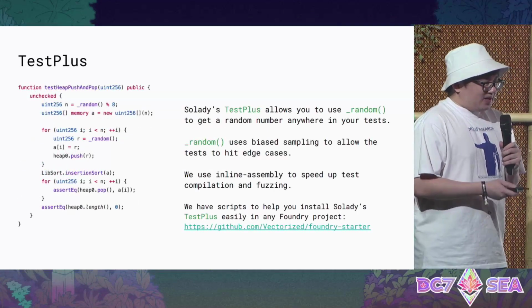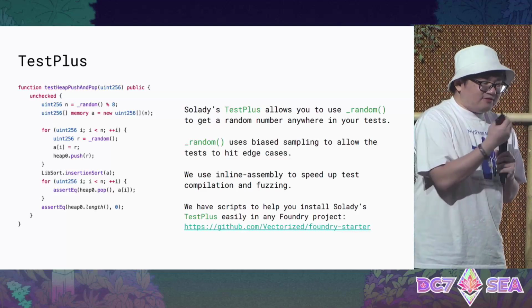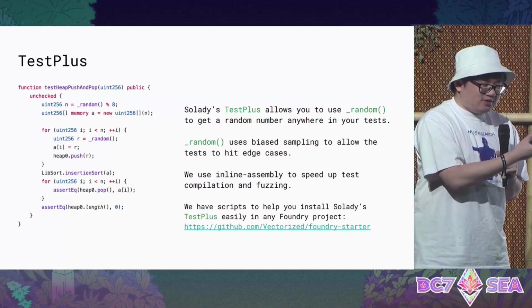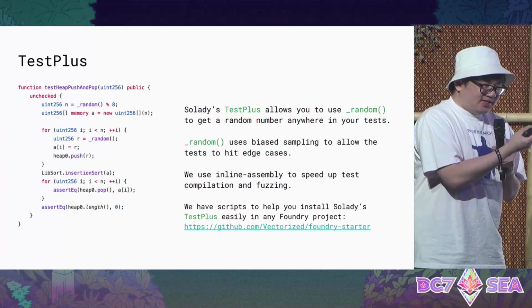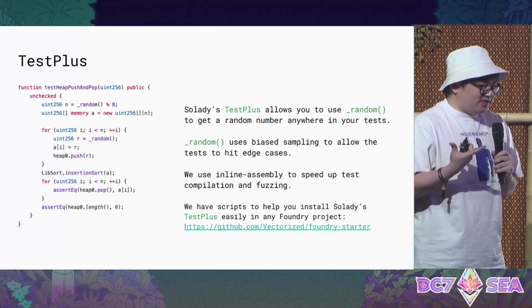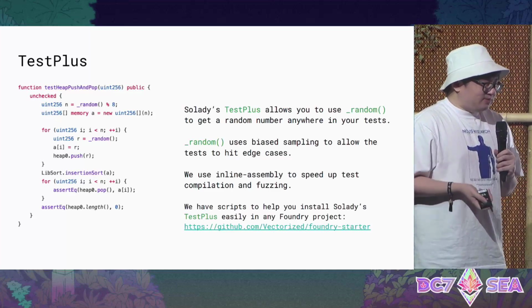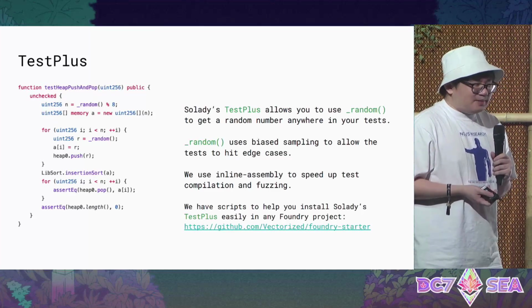And then for TestPlus, we know that if you write your test in Foundry, you have to define the random variables in the function arguments, and there's a limited amount of space you can do that. And you have to think of nice names for the variables, which I find very time-consuming.